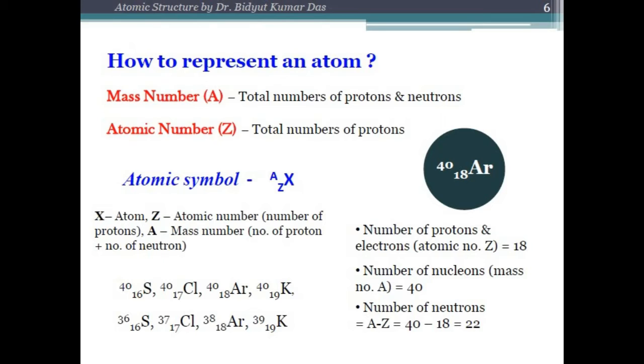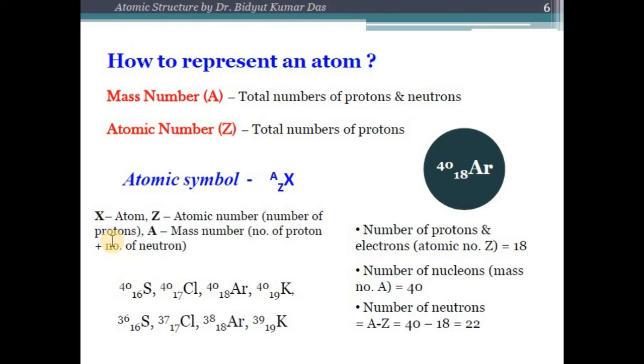Always remember that in an atom, the number of protons and the number of electrons are always equal, whereas the number of protons and the number of neutrons may not be equal. We will discuss these things in later slides. Atoms can be represented by this symbol, where A is the mass number and Z is the atomic number.